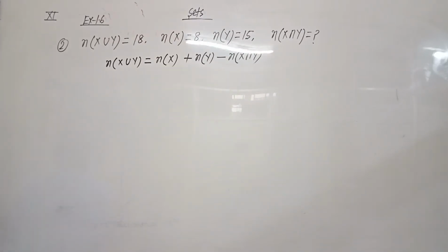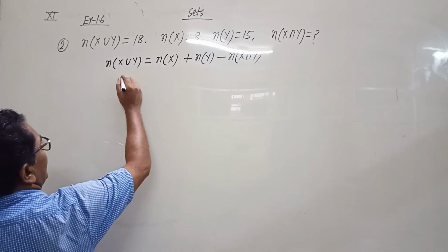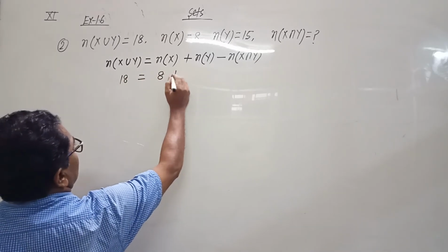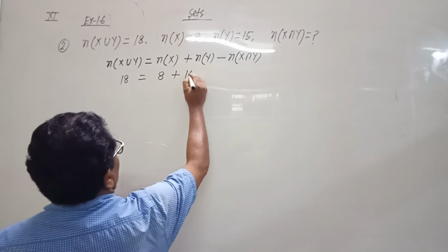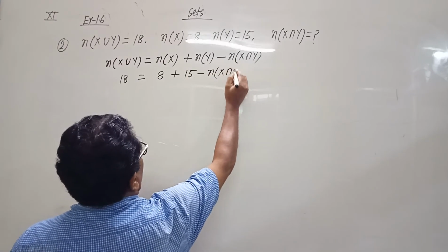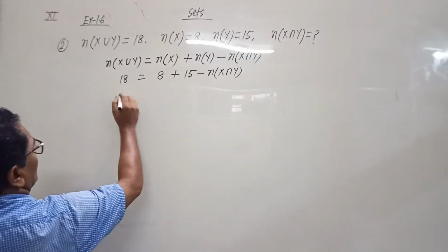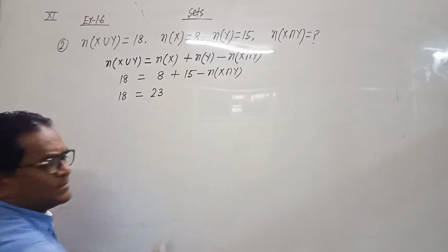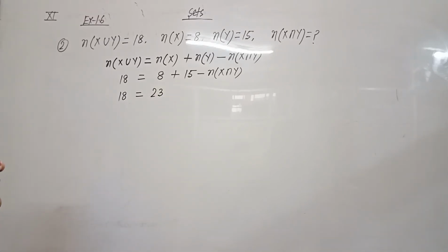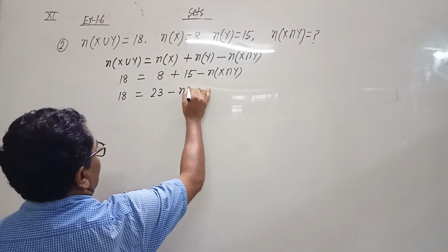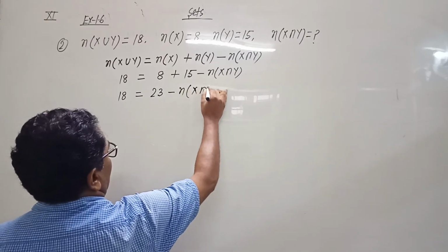Here we are given n(X ∪ Y) is 18, n(X) is 8, n(Y) is 15, and minus n(X ∩ Y). So we get 18 equals 15 plus 8, which is 23, minus n(X ∩ Y).